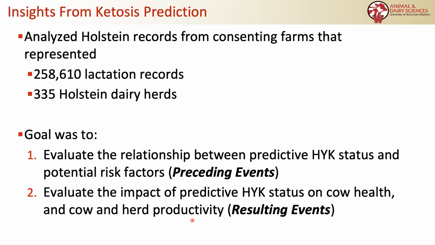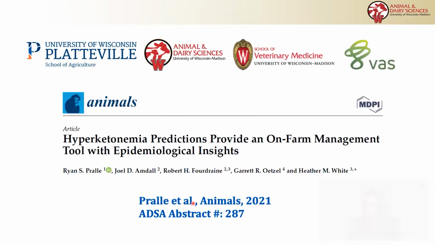Now you'll note I'm careful here to say predicted HYK status, and you'll see that I use P HYK or P non-HYK in the figures. We did not do blood analysis on these cows, so this is all data-based from the farm and from the KetoMonitor. And so I'll be careful to refer to that, but you'll see that we found a lot of things that are in alignment with blood-based predictions.